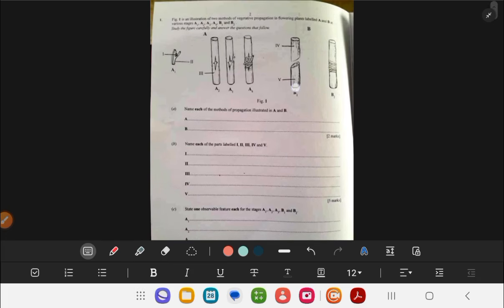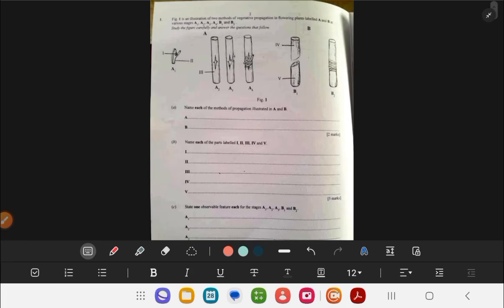For the B1, the scion and the stalk are present, but they aren't attached. But for the B2, the stalk and scion have been joined together and tied firmly, and we observe that their diameters are also the same.